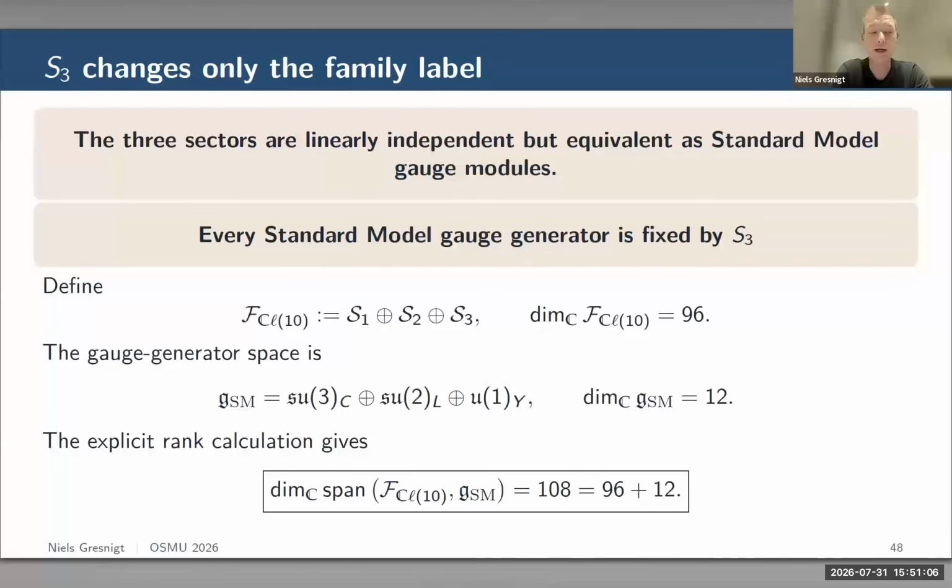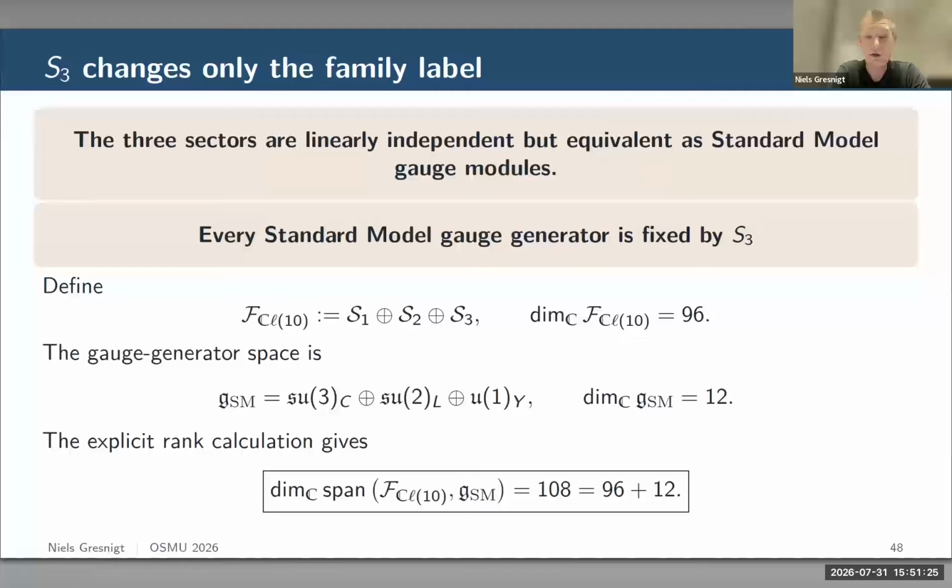And so in this way, we end up with three fermion generations that are permuted by S3. So they're related to each other by the S3 symmetry, whereas the gauge sector is fixed by this family symmetry S3.